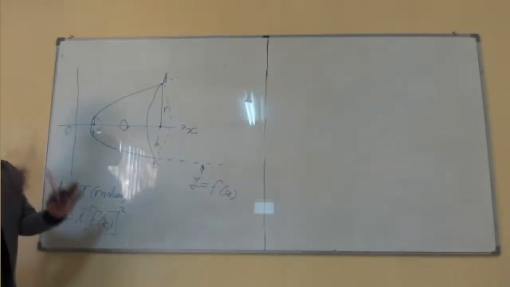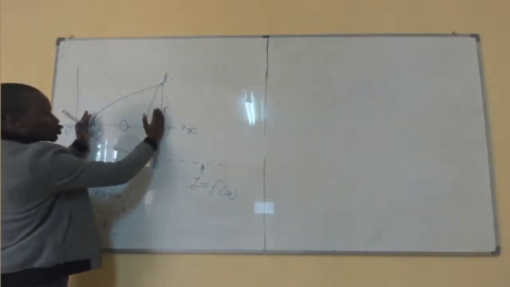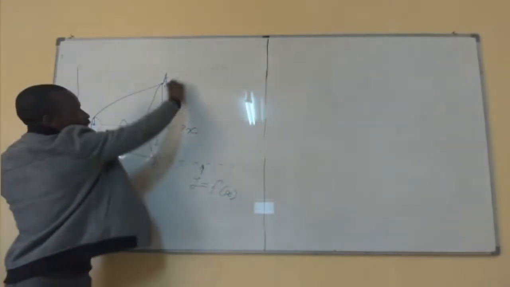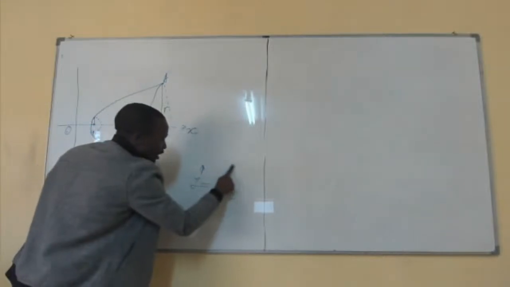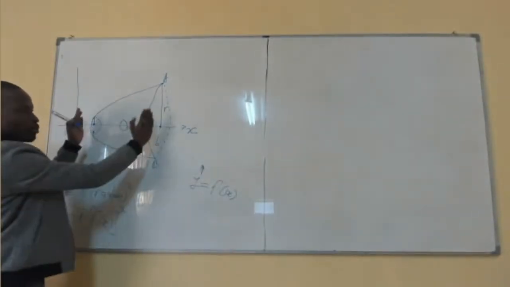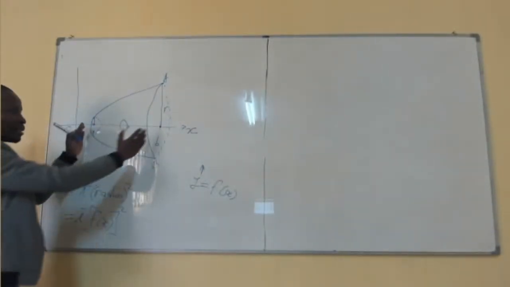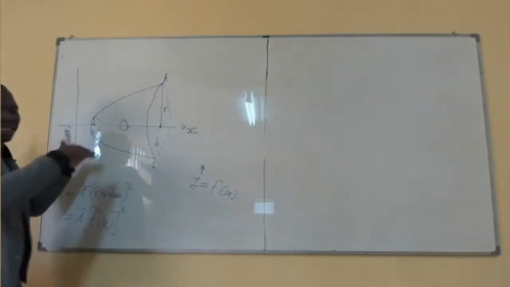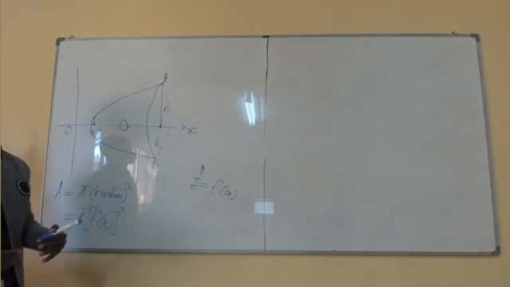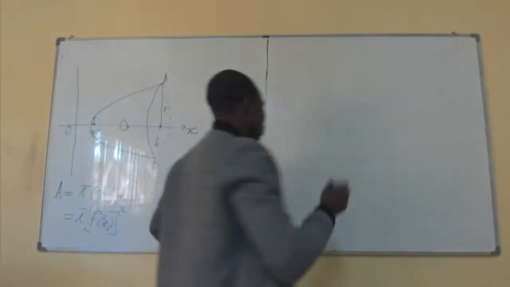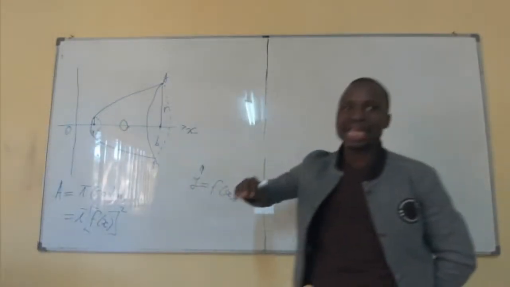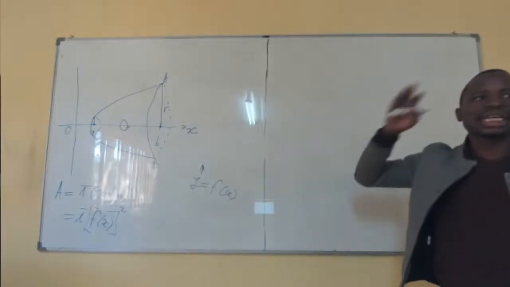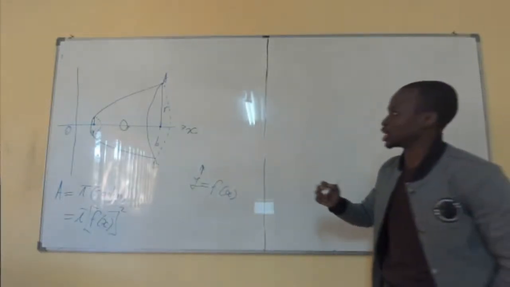Instead of going to this side and that side, we just want to find the volume of rotation of this portion of the curve. This is the only part that we want to compute its volume. So from this concept, we generated the volume of rotation.